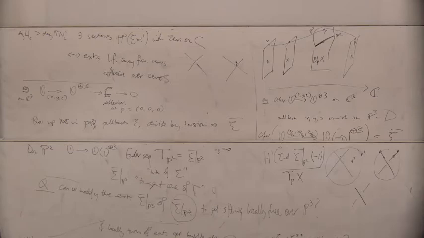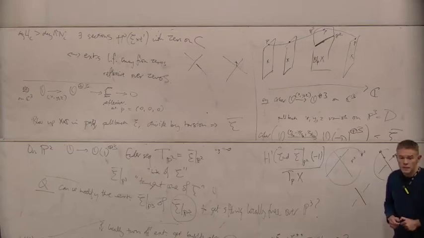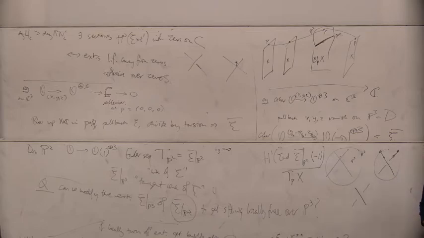More questions for Rick? Can you clarify something you said about rank 2 and rank 3? I might have misheard, but did you say that whenever you form a codimension 3 singularity, that gives you a positive third Chern class? Yes.